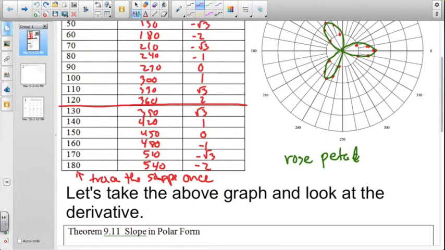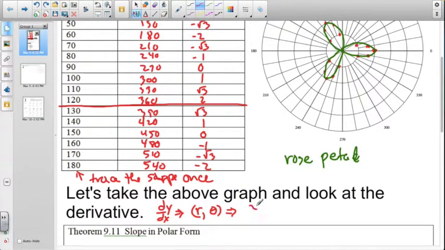When we take a look at the Cartesian derivative dy/dx, which is the definition of the first derivative, we have to acknowledge the fact that when we have things like rose curves or petal curves, these are written in terms of r and theta. So we have to get that into its Cartesian form before even thinking about taking the derivative.